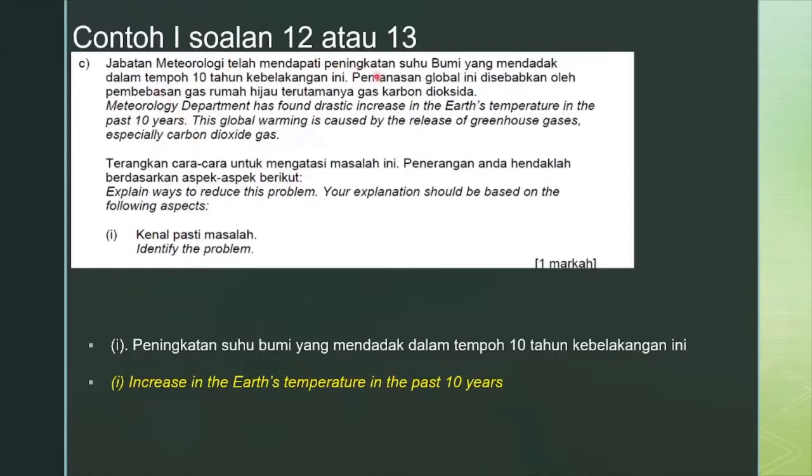So we can see, we can find the answer in the questions itself, right? So here we can find the answer, from the question itself. Alright. Baik, kita teruskan.